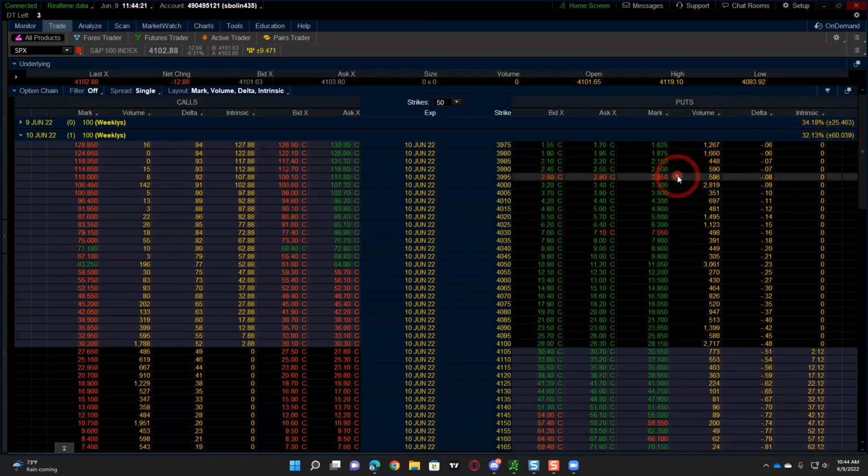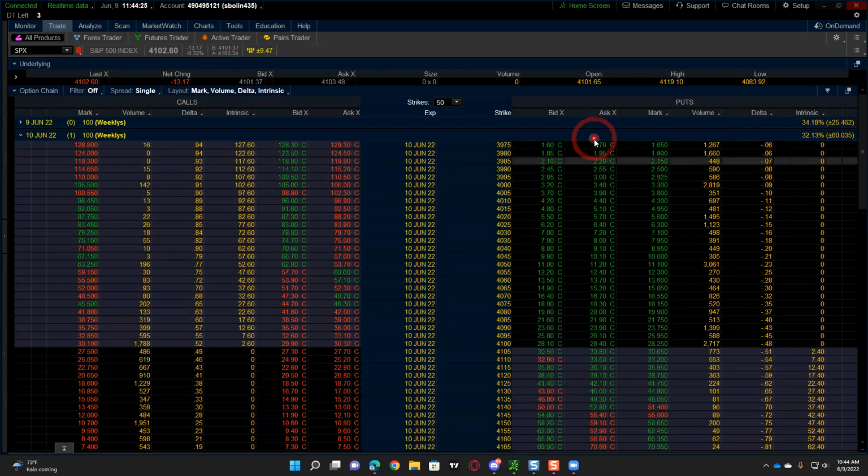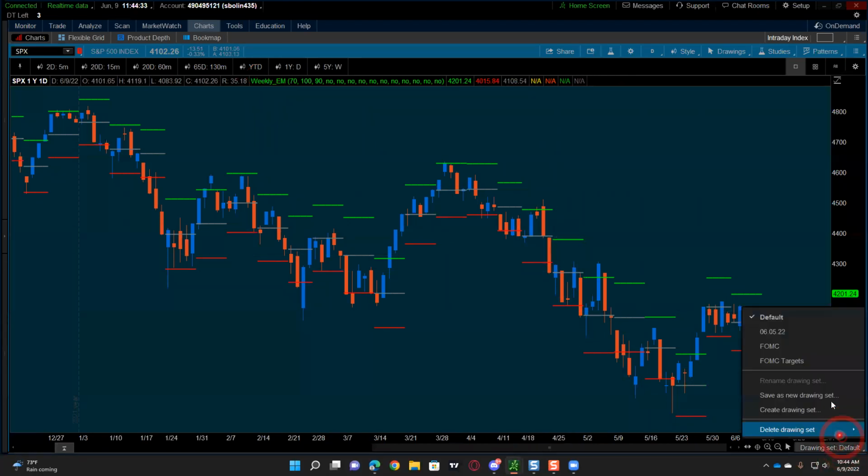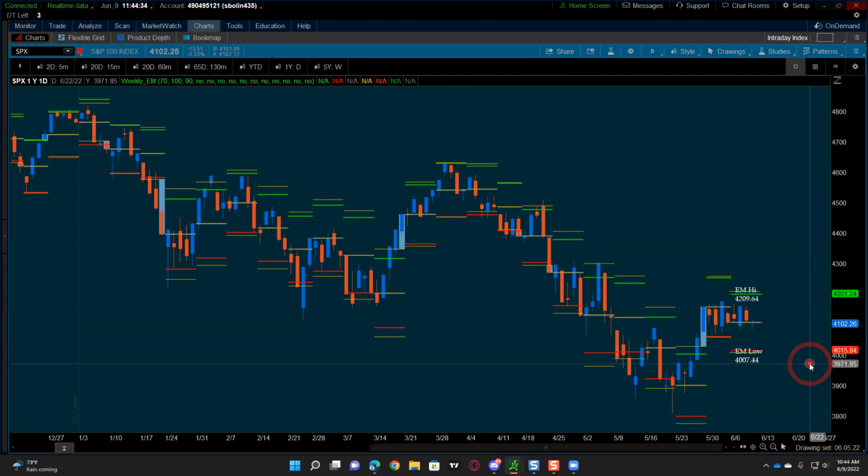So Mobius's indicator won't perfectly accurately describe that expected move, but it's close enough. So we're looking at the SPX here. If we turn on the hand drawn lines from Don, we can see that they're just slightly off.